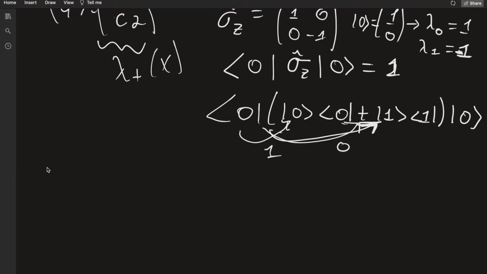We need some way to represent matrices. We have a way of representing vectors, right? But we don't have a way of representing matrices. One way that we can represent them is through this notation.